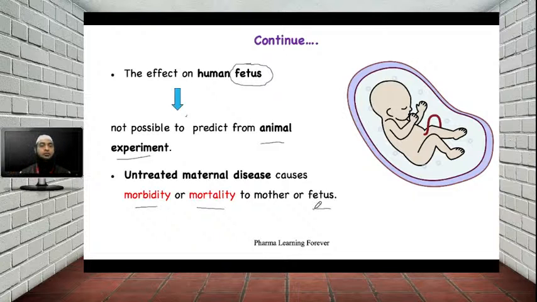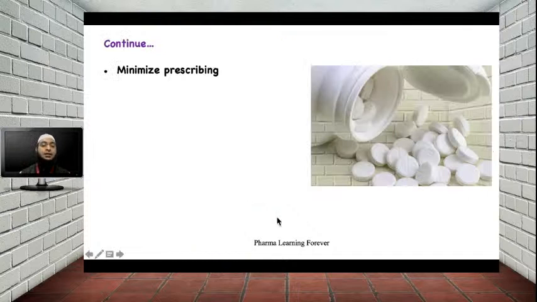Okay, so this is another aspect that physicians as well as pharmacists must consider while giving medicine to the patient. In addition to this, the overall thing that you must keep in mind is that the physician must prescribe the minimum drugs as far as possible.